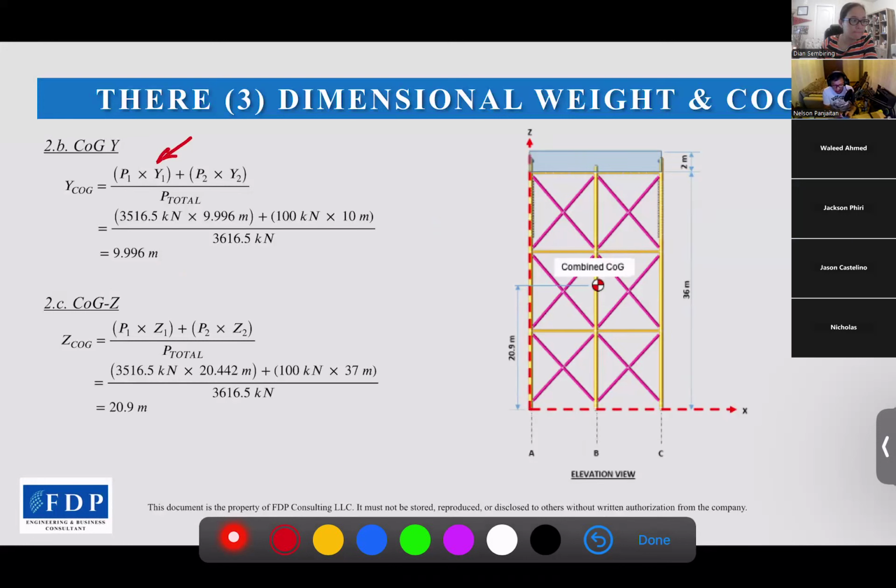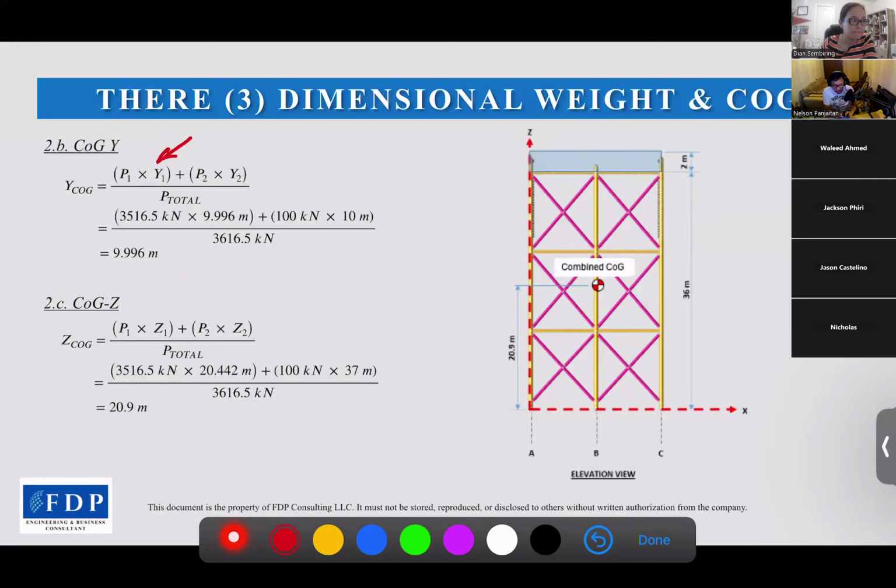And for the elevation, nothing much different with the structure. So it's not much impact. The scaffolding itself has not much impact on the original COG.